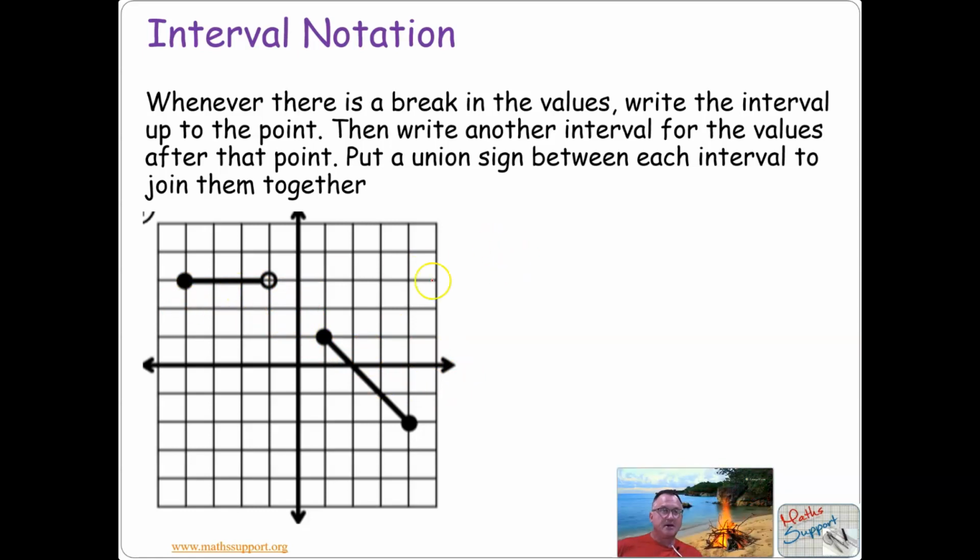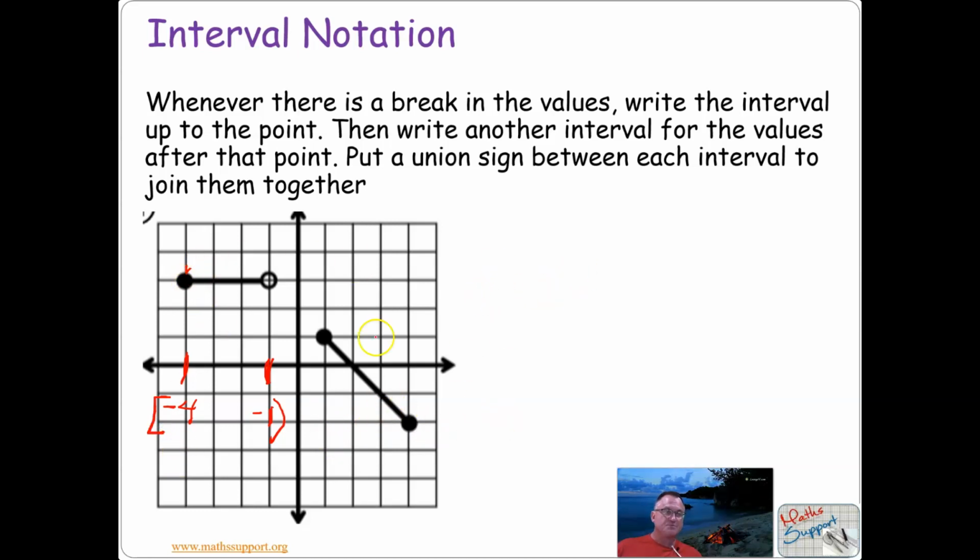So when I take my domain on this, if you look at here, I'm doing domain now, so it's x's. So that's 1, 2, 3, 4. This is -4. This is -1. That circle is open, so rounded bracket, -4, that circle is closed.